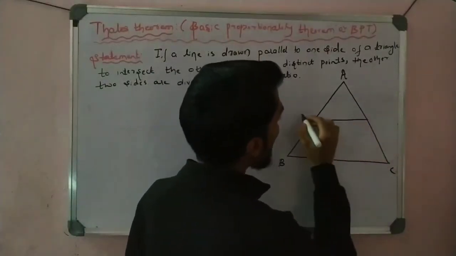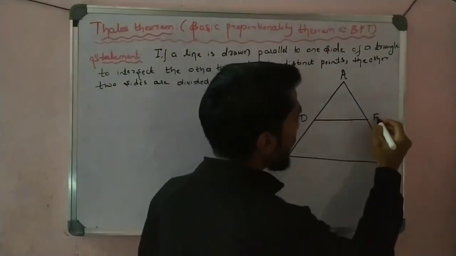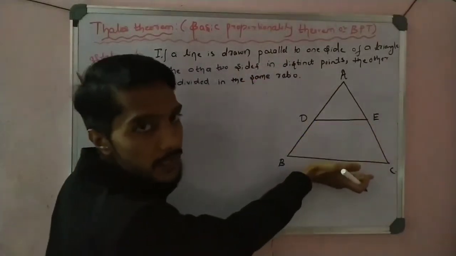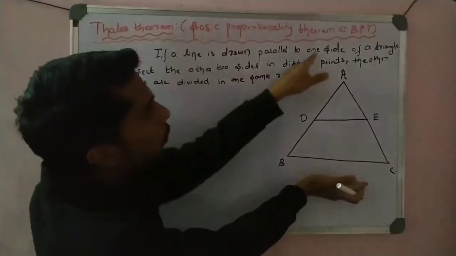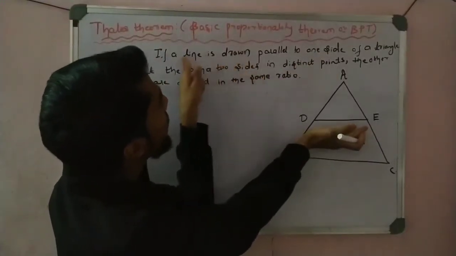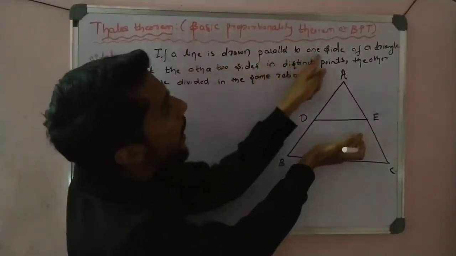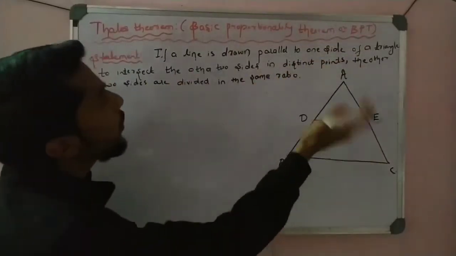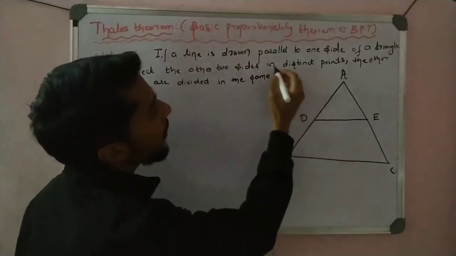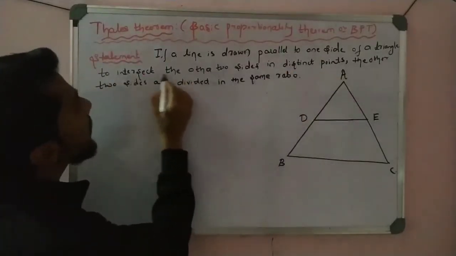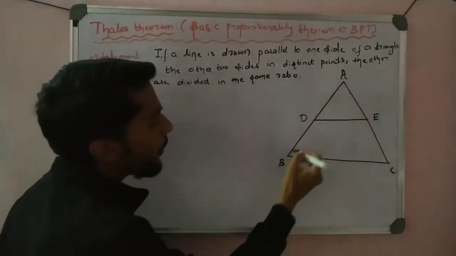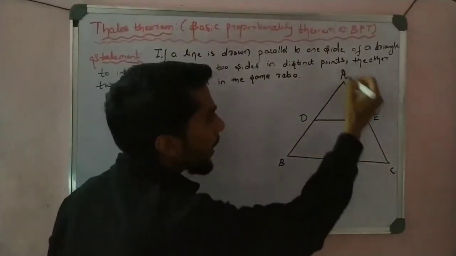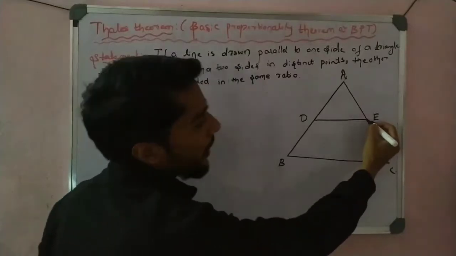If a line, I call it DE, is drawn parallel to one side, so this line DE is parallel to BC. It intersects the two other sides at distinct points. One side is AB and one side is AC, and this line cuts AB at point D and AC at distinct point E.